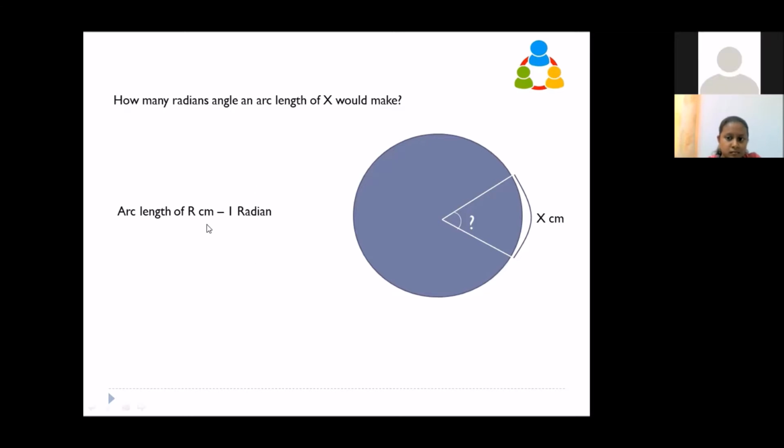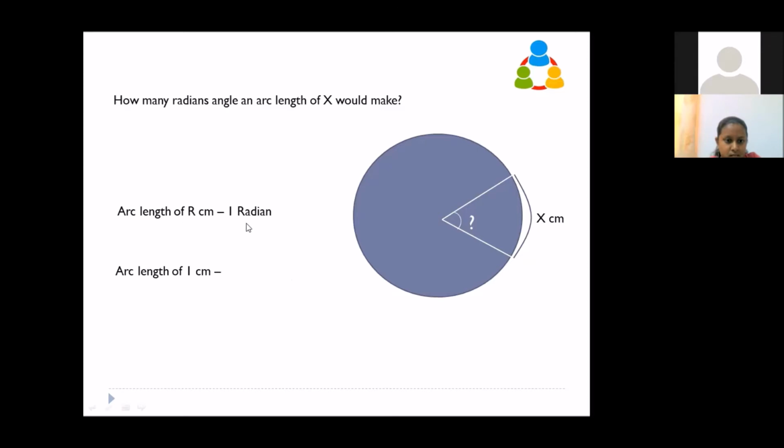We will try to see how much angle, how much radian, 1 centimeter will make. If r centimeter makes 1 radian, how much will 1 centimeter make? 1 by R.